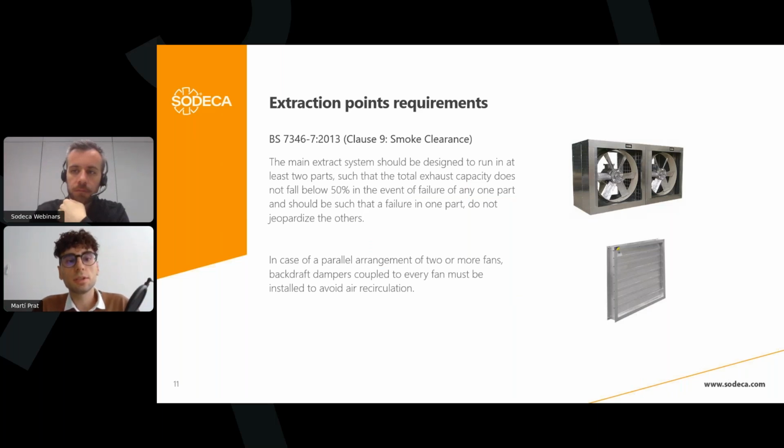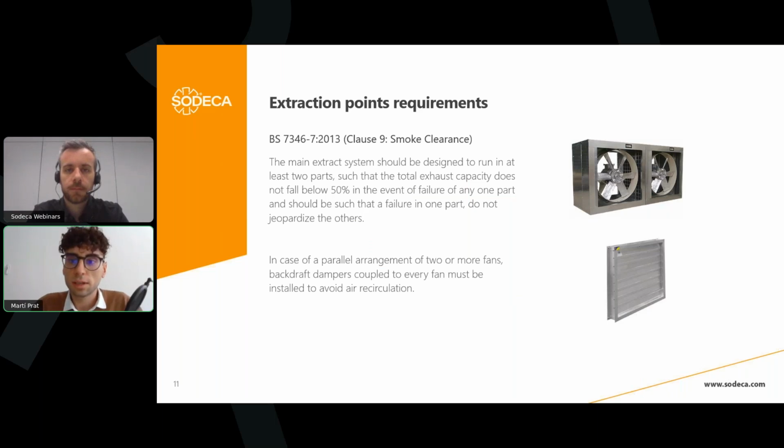The extraction point requirements, also explained in the British standard, are that when you calculate the airflow based on these 10 exchanges per hour, for example, for the smoke extraction, you need to consider at least 2 fans for this extraction. So in case one fails, at least you have the other that will still exhaust 50% of the airflow.